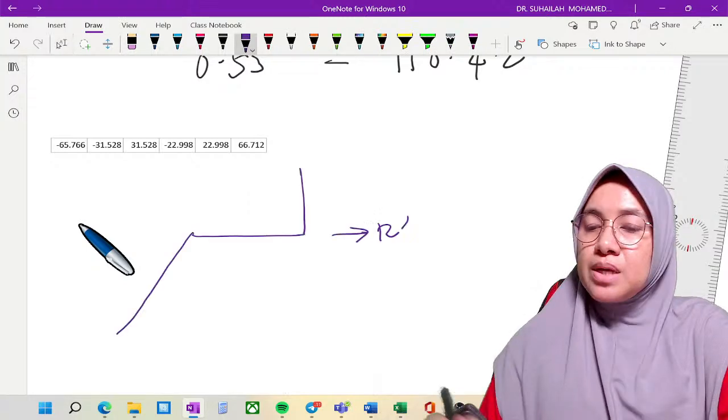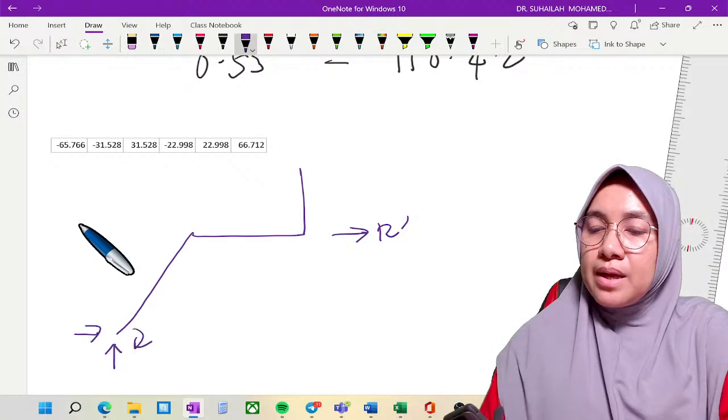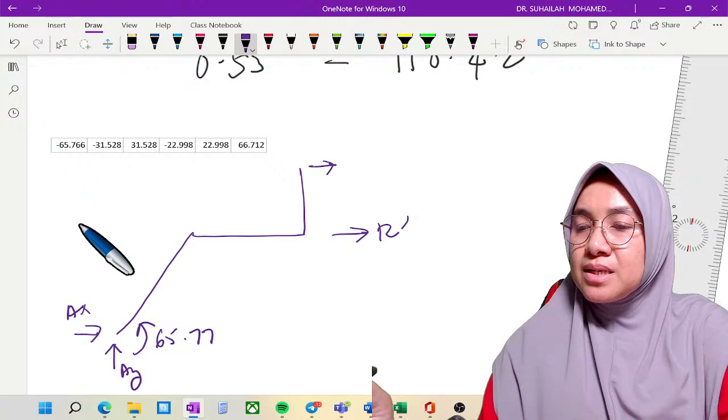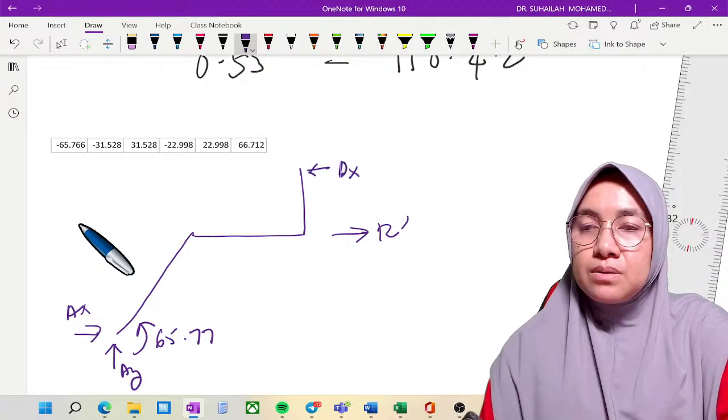At support A we have AY, AX, MA is negative 65.77. And at D we have DX, DY, and the moment is positive 66.71.